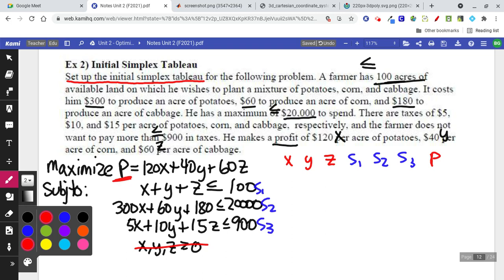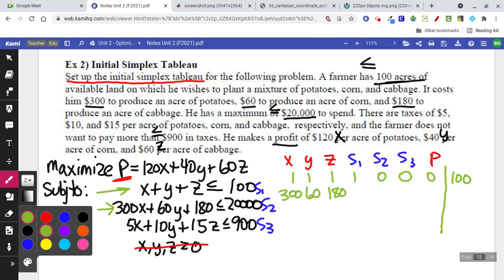But look at your inequalities. The first inequality here says 1x, 1y, 1z, and 1s1. We don't have any of those 3 variables, and it equals 100. Look at the second one. 300x, 60y, 180z.